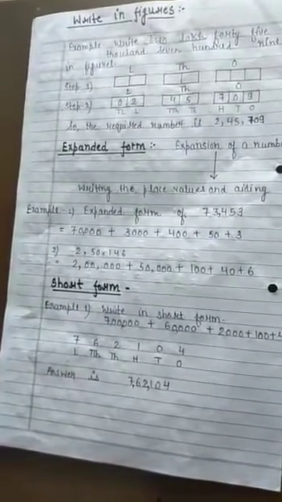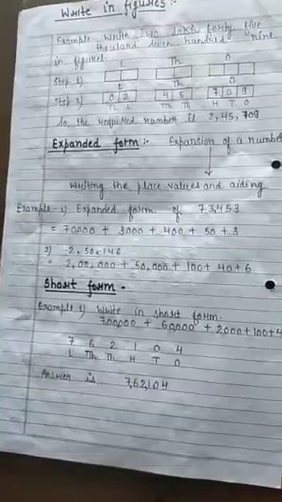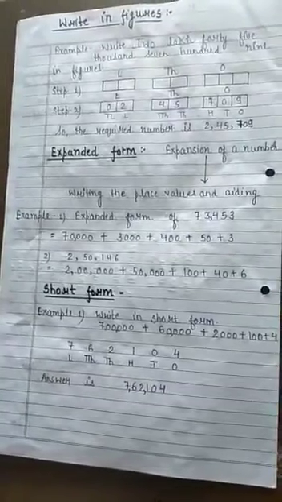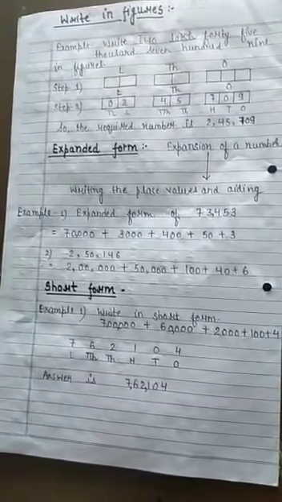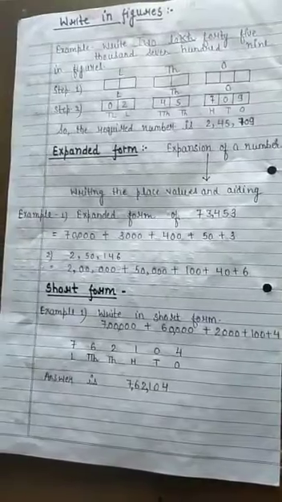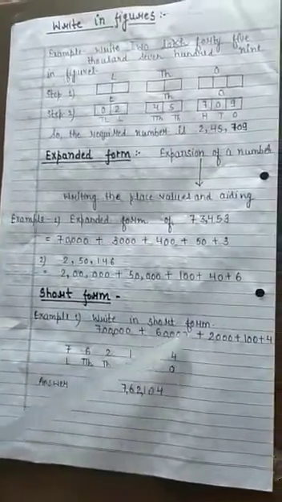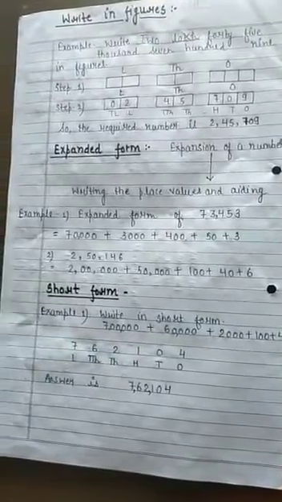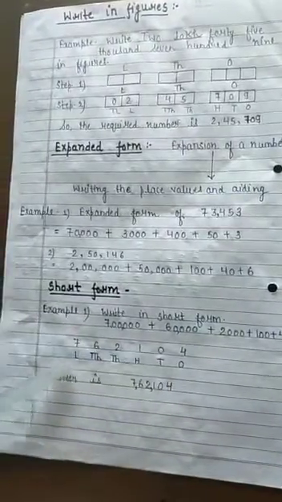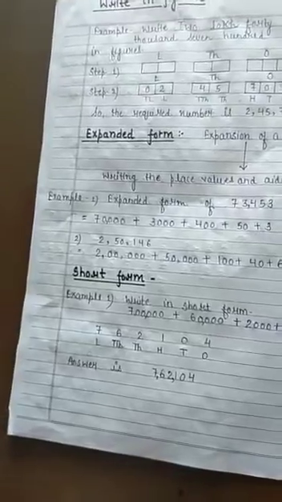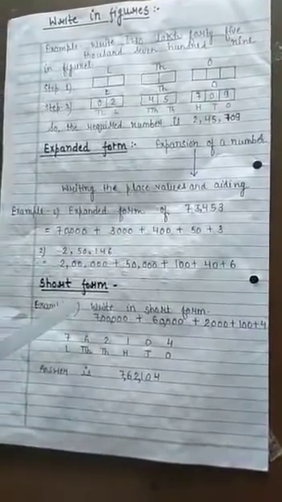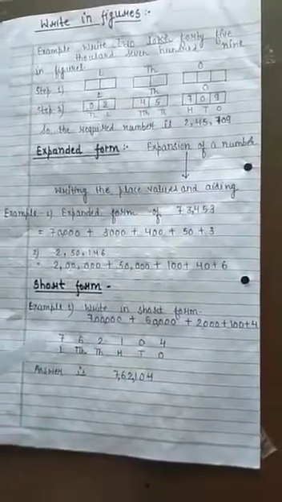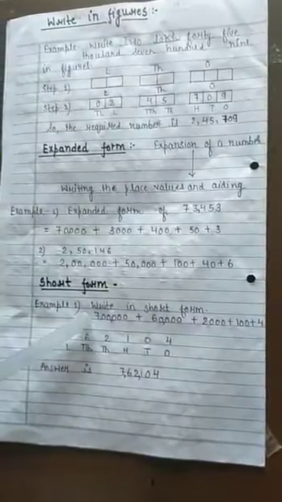Now children, let's learn how to convert expanded form to short form. For example, if we have to write the given expanded form in short form, firstly we will mention the place values. Now moving back to the expanded form, starting with 7.